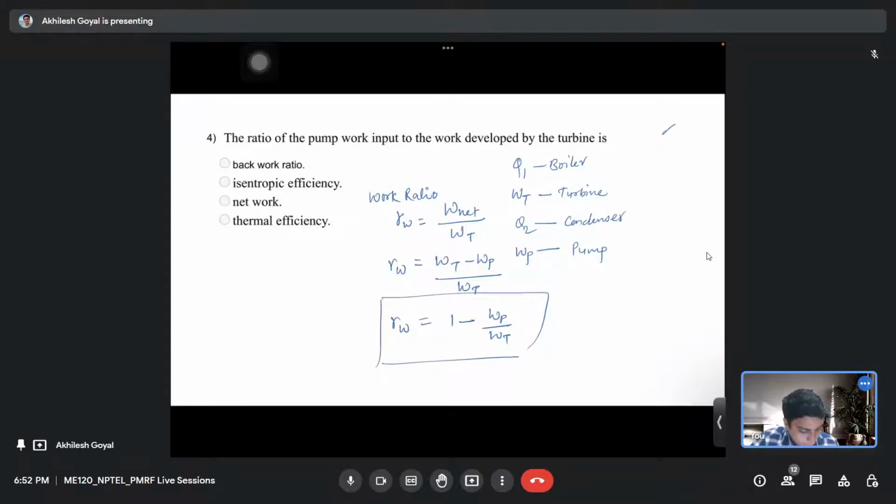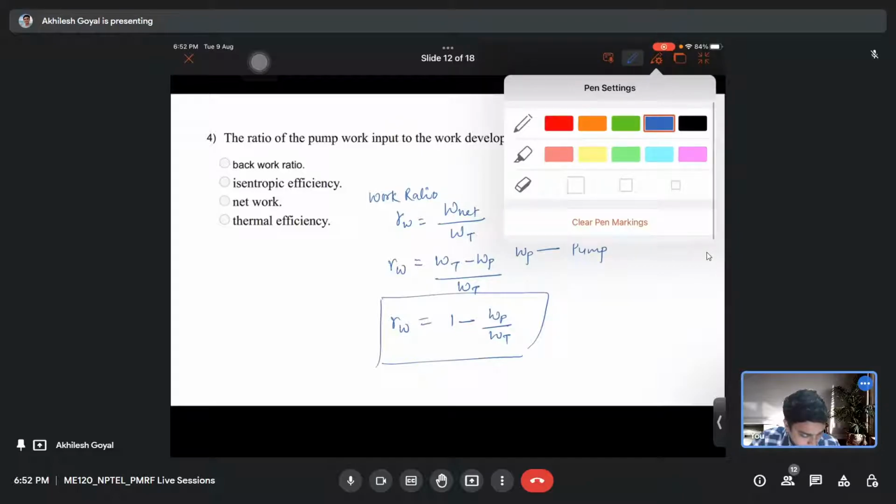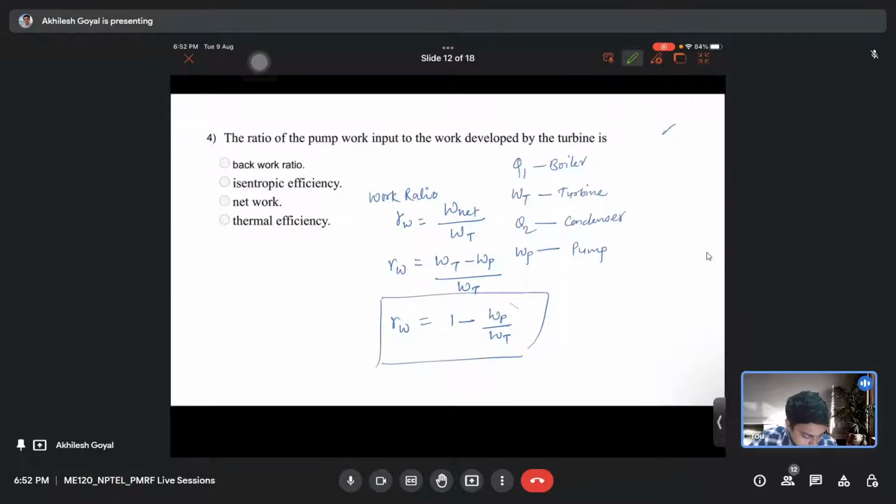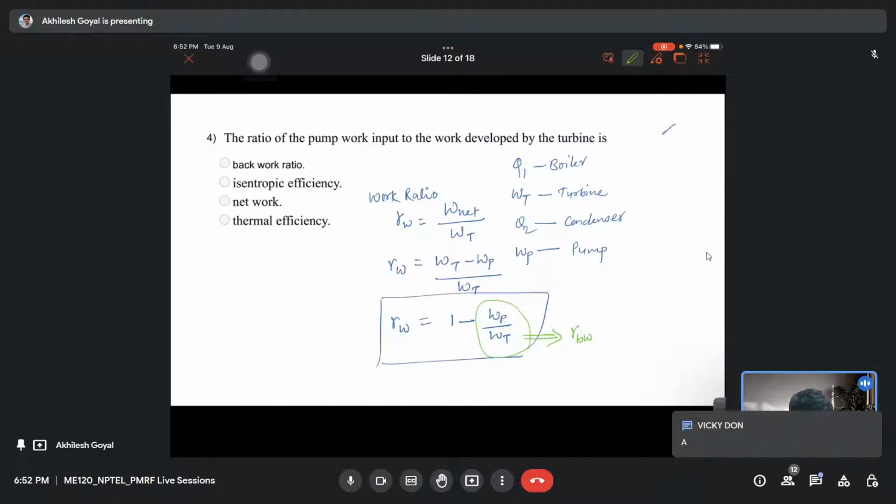Again here, this WP by WT is also defined as RBW, back work ratio. Back work ratio is WP by WT, pump work divided by turbine work.